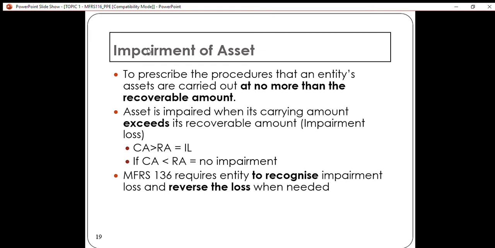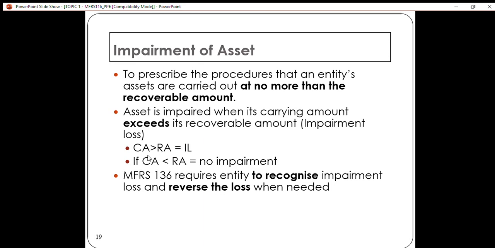The impairment of asset standard basically prescribes the procedures to ensure that an entity's assets are carried at no more than the recoverable amount. The asset is impaired when its carrying amount exceeds its recoverable amount. So if the carrying amount of the asset exceeds the recoverable amount, there is an impairment loss.